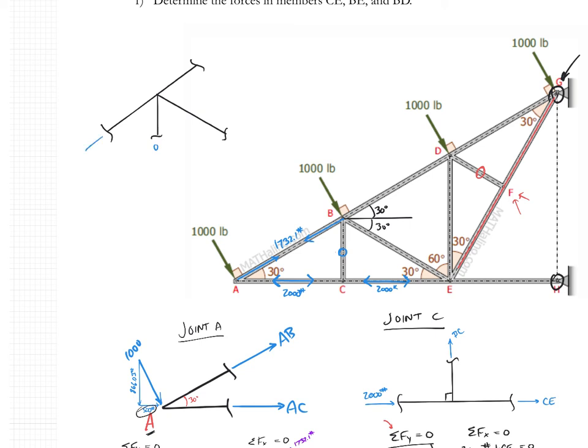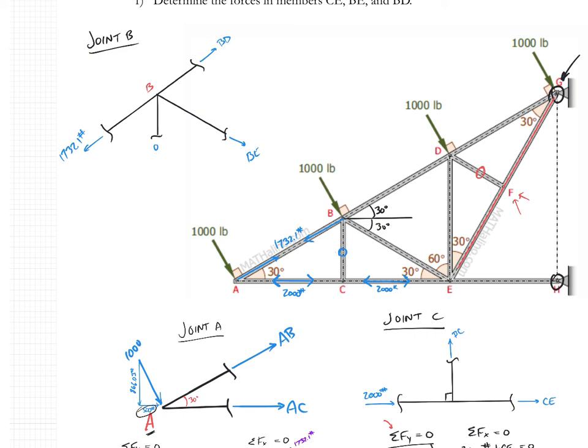So now we get that 1732.1 pounds. We've got BE, we've got BD, and that's everything, right? And so this is joint B. As I say, it's a good idea to label it joint B. It helps your professor know what you're talking about.